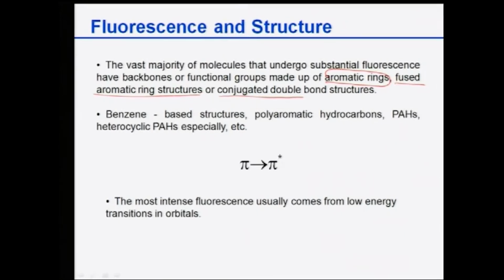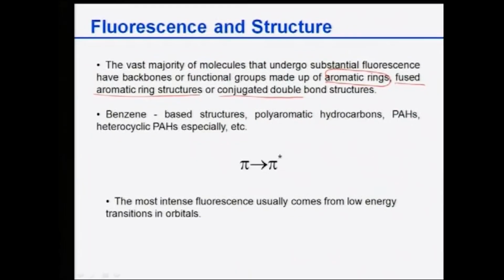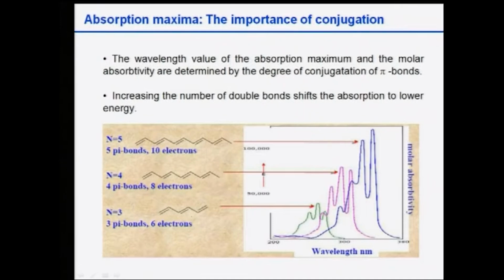Benzene is the best molecule showing aromatic rings; benzene-based structures, polyaromatic hydrocarbons, and heterocyclic polyaromatic hydrocarbons are used, and they always show this kind of transition from the pi orbital state to the pi anti-orbital state. The most intense fluorescence occurs when there are low energy transitions in the orbital. Now, to show you how we can actually use the absorption maxima for the conjugation study.